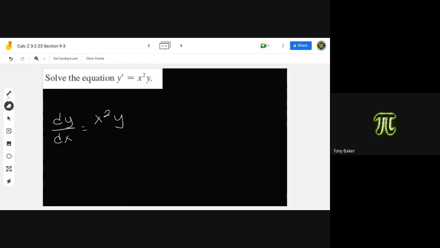Okay. So this becomes dy equals x squared y dx. Divide by y. So I have 1 over y dy equals x squared dx.